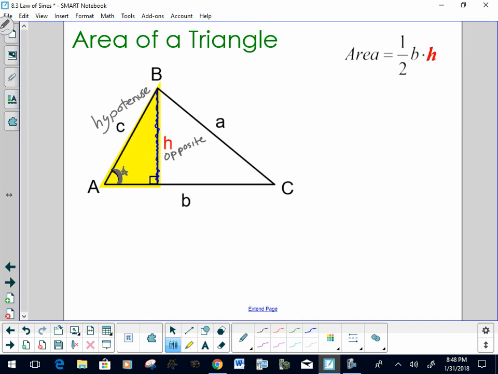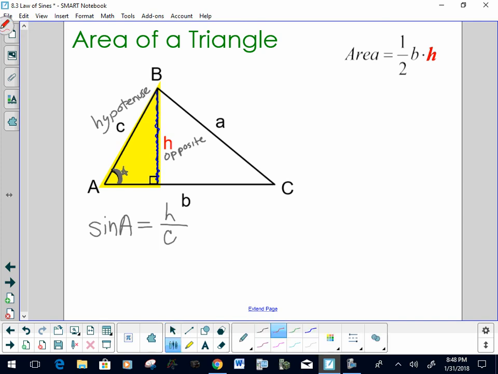So we could set up a little sine equation. Our equation would look like the sine of angle A is equal to the opposite side, which is h, over the hypotenuse, which is c.